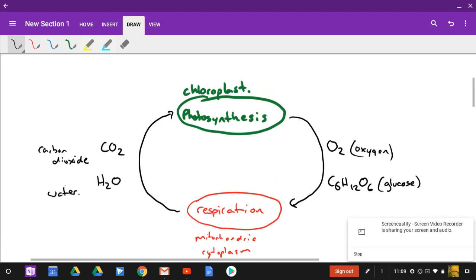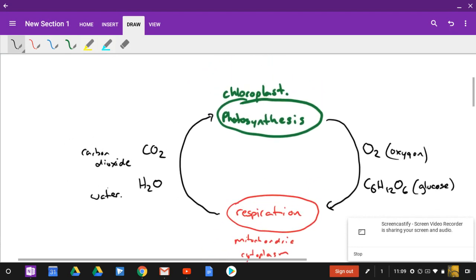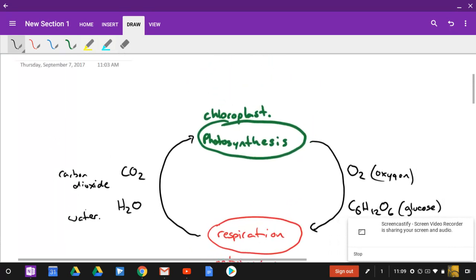So the next thing to add on to this cycle is a shortcut. Okay, and the shortcut is going to convert the oxygen and sugars, or whatever the products of the sugars are, because sometimes they're built into other things, directly across into carbon dioxide and water, and that is combustion.